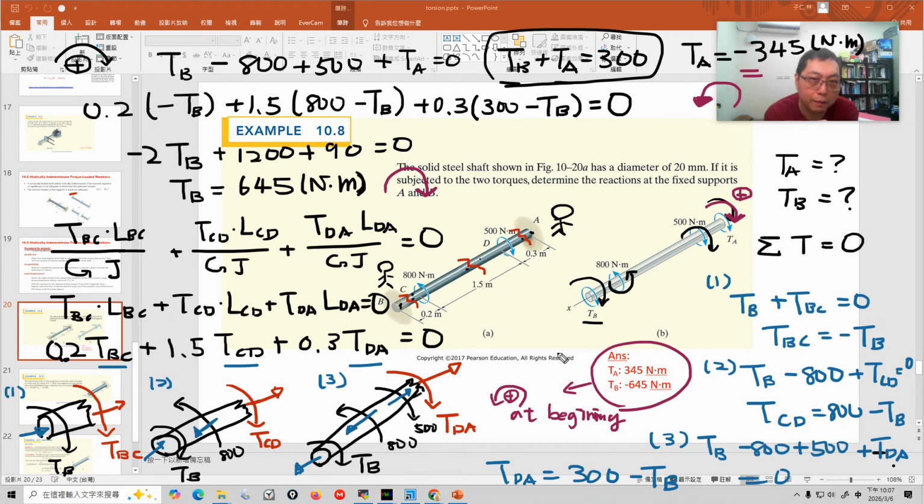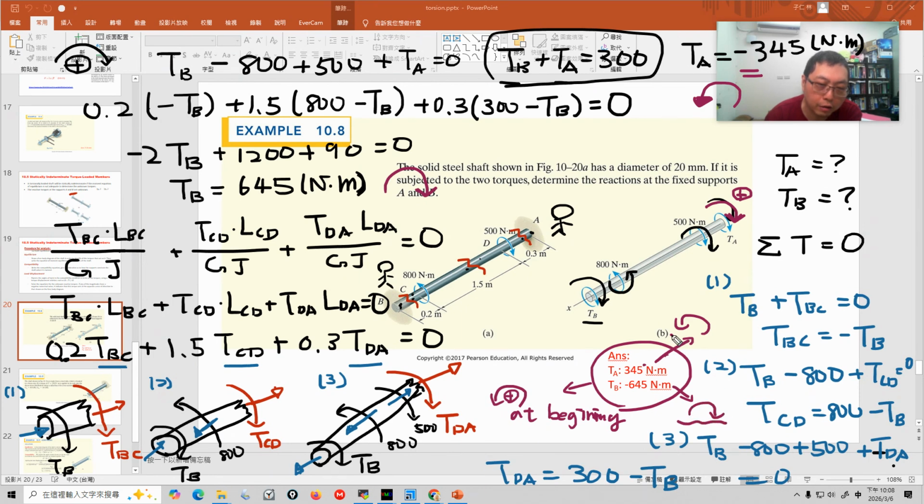But the conclusion is the same. The conclusion is TB rotates in this direction, and TA rotates in this direction. This conclusion is the same as this answer, because this answer assumed this direction is positive at the beginning. Under this assumption, TA is rotated in this way, and TB is rotated this way.